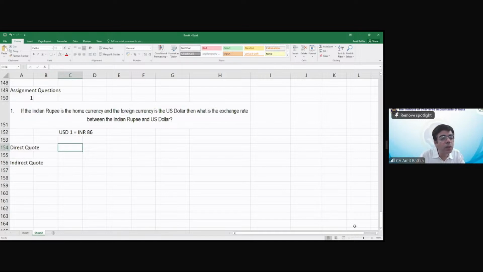So is this a direct quote or an indirect quote? This is the direct quote. So what will be the indirect quote in that case? It will be INR 1 is equal to how much USD, so it will be 1 divided by 86, which comes to 0.011628.